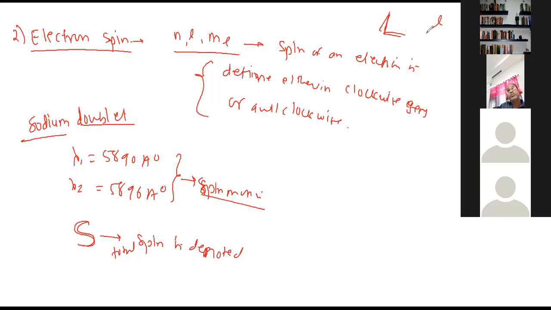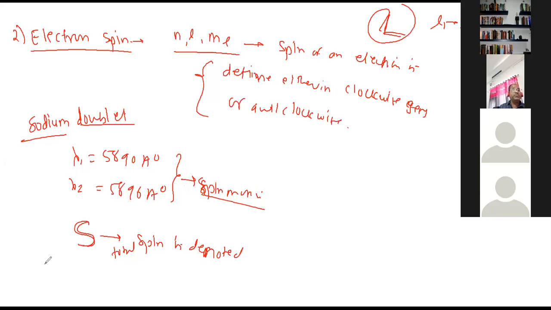Small l is also orbital angular momentum, but it is not for all electrons. It is for a single electron in an orbit. For example, 2p2 contains 2 electrons. The first electron has a different small l, and the second electron has a different small l. So small l is L1 for the first electron, L2 for the second electron. But if I take the combination of these two electrons, that will be the capital L.